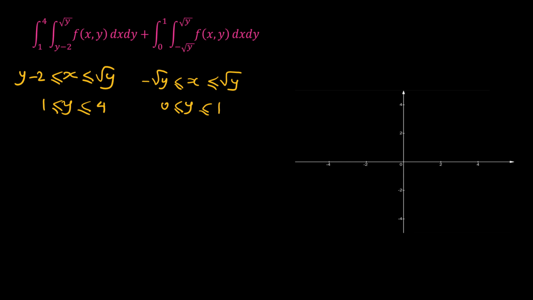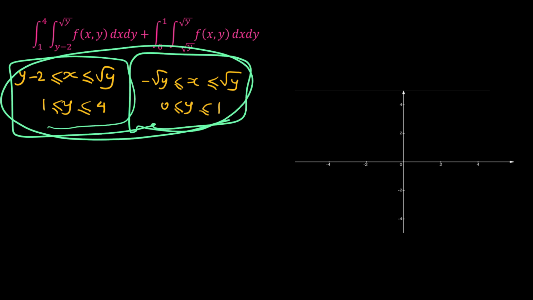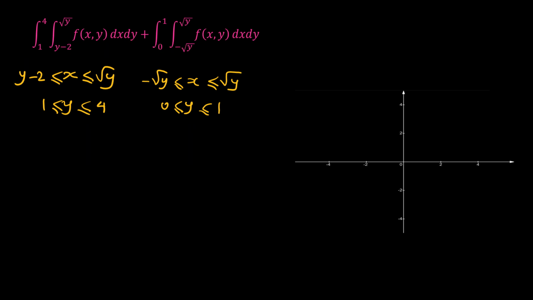Again, we have two regions. We have to draw these two regions, and then describe the region in the reversed order. If we reverse this, the new integral should be in the form of f of x and y dy dx.